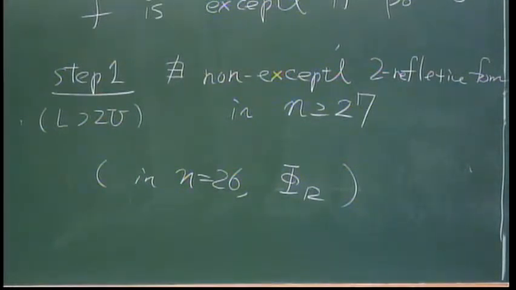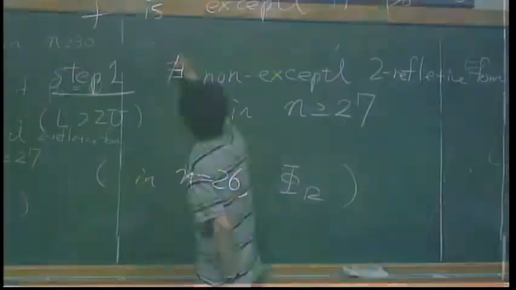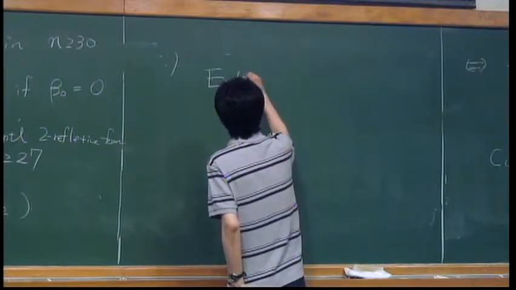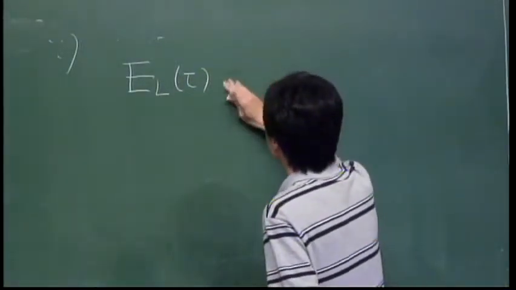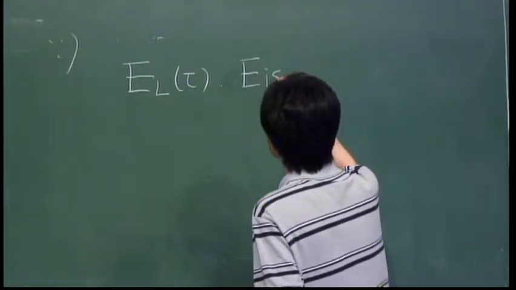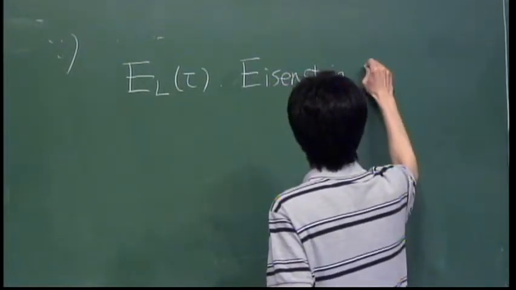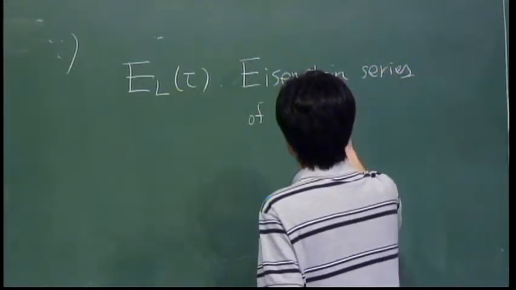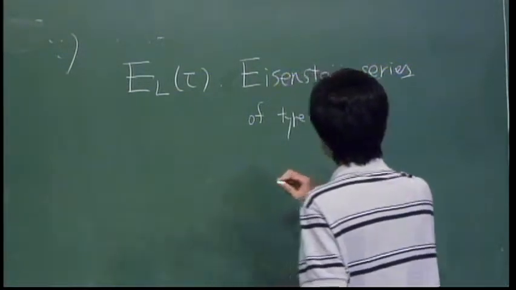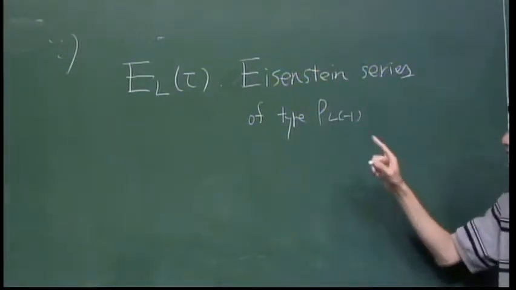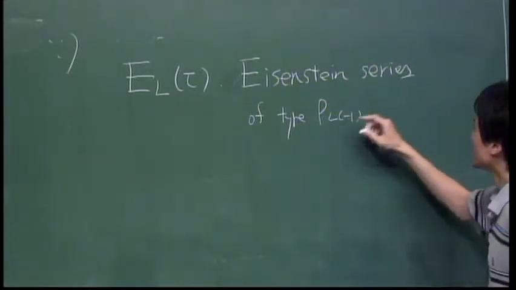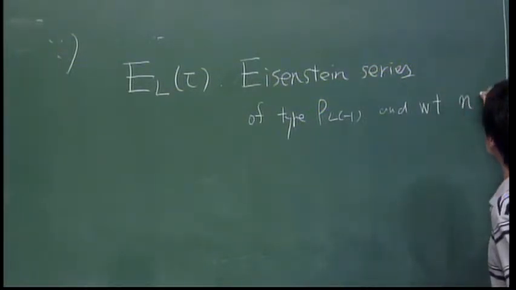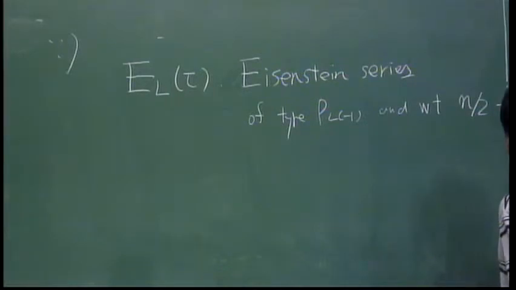So I think the proof of this is very simple. Let EL be the Eisenstein series of the obstruction type, the vector valued representation of the scaling of -1 of the lattice, of weight n over 2 minus 11.